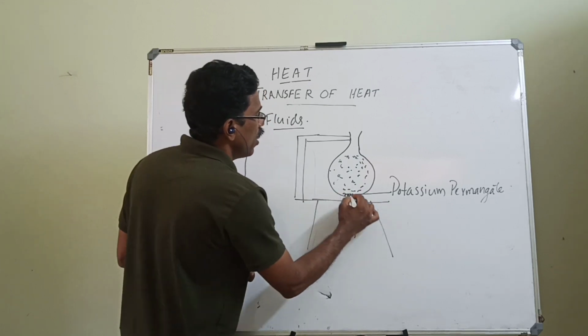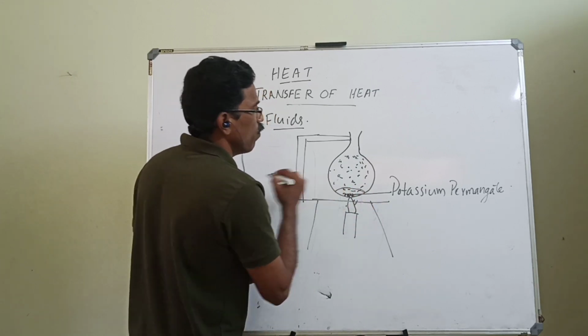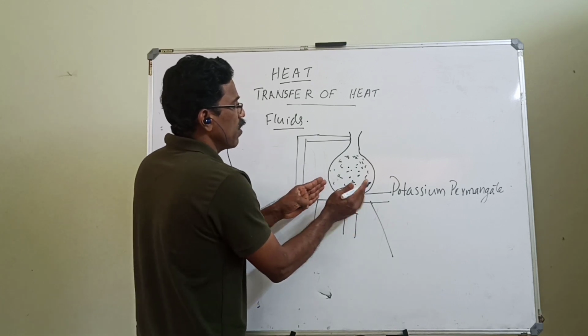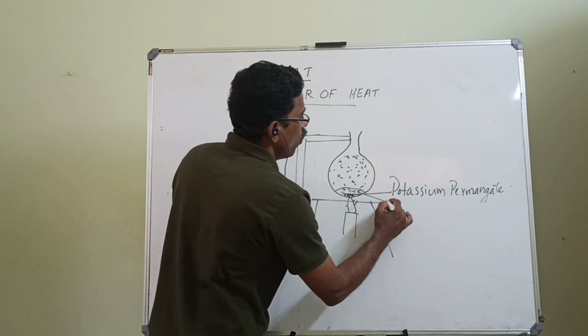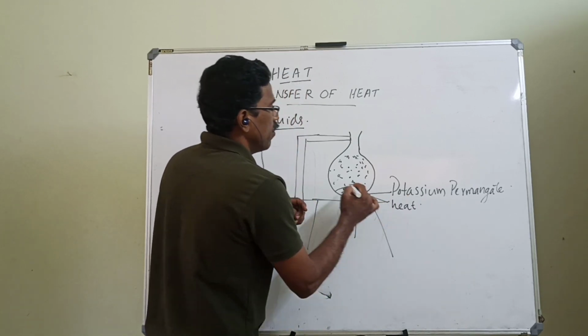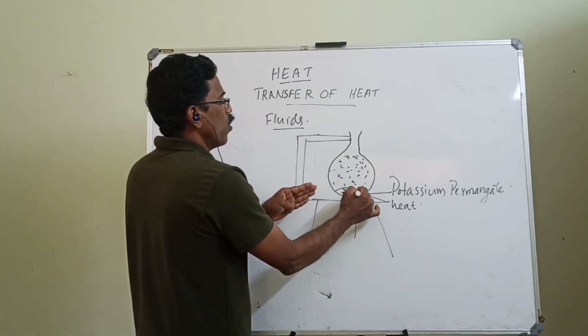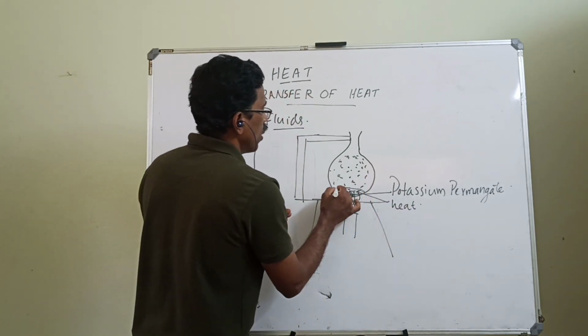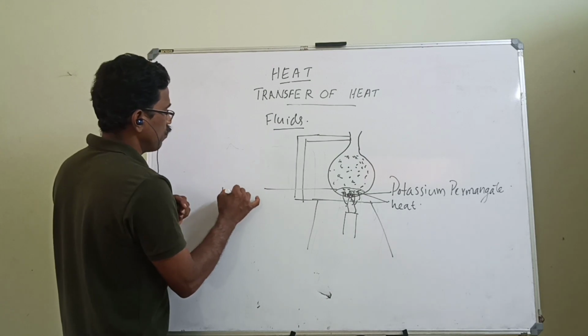Then what happened? The heat gets transferred to the bottom first. First this water gets heated up. The heat is absorbed by the water molecules at the bottom. So here the water molecules become hotter.